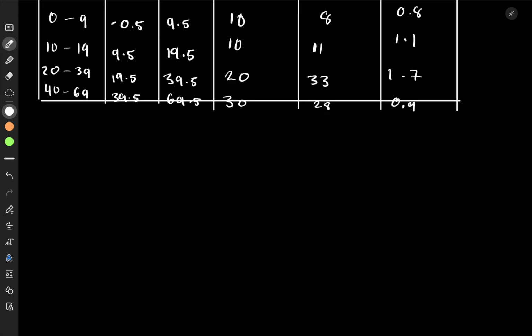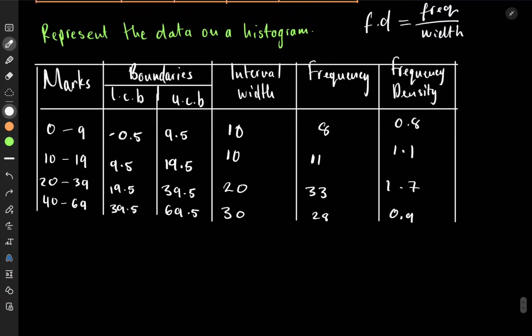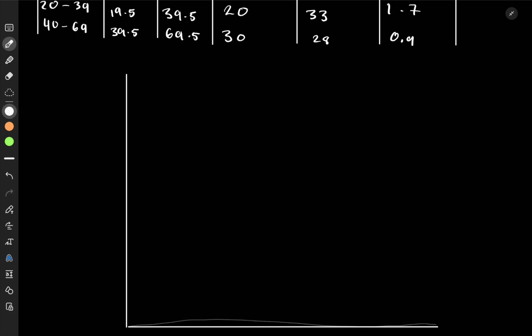So I'm going to put them like that. I can go ahead and construct my histogram now because I have everything I need, and the trick was on the boundaries. Now all we're doing is to plot. So let's go ahead. I'm going to put a long line going like this, then my horizontal like that. This is where my histogram is going to be.